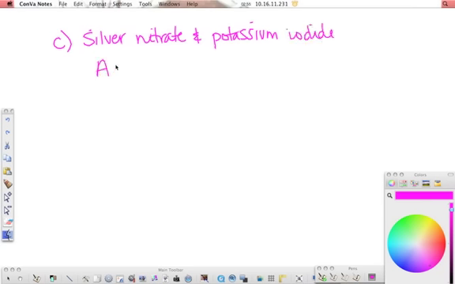Silver is Ag, nitrate is NO3, potassium is K, iodide I. Charges on these guys: silver's always a +1, nitrate's always a -1, potassium's always a +1, iodide is always a -1. So our actual formulas for our reactants are going to be AgNO3 plus KI.